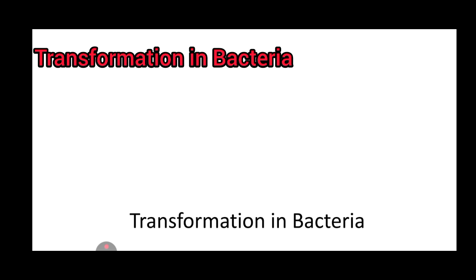In the same way, transformation is also called a horizontal gene transfer method by which a bacterium takes up the DNA from the ecosystem, from the environment in which it is growing. So let us discuss the process in detail in the upcoming slides.